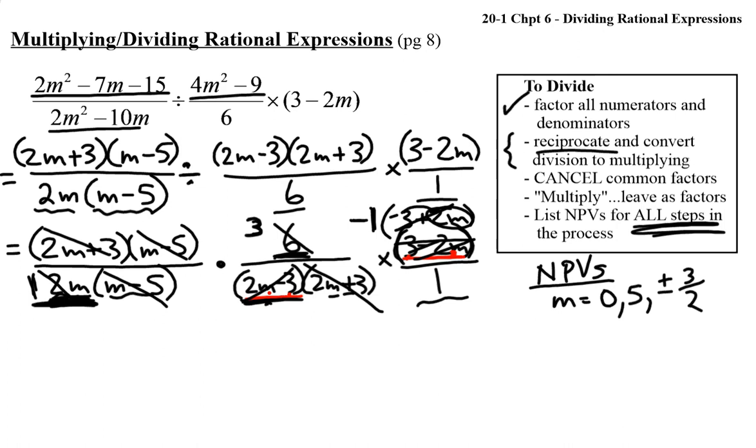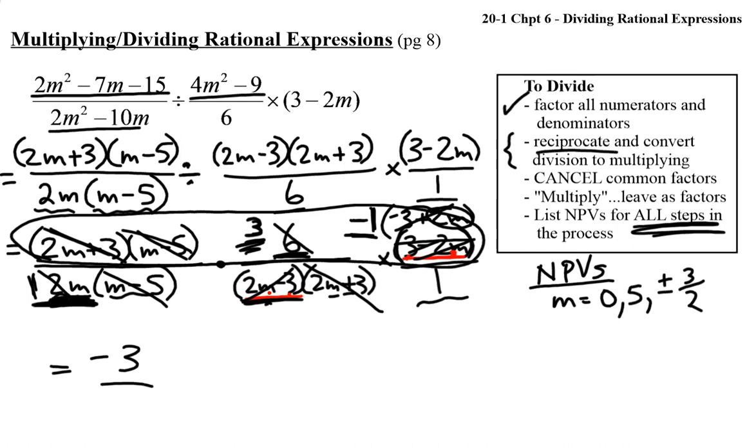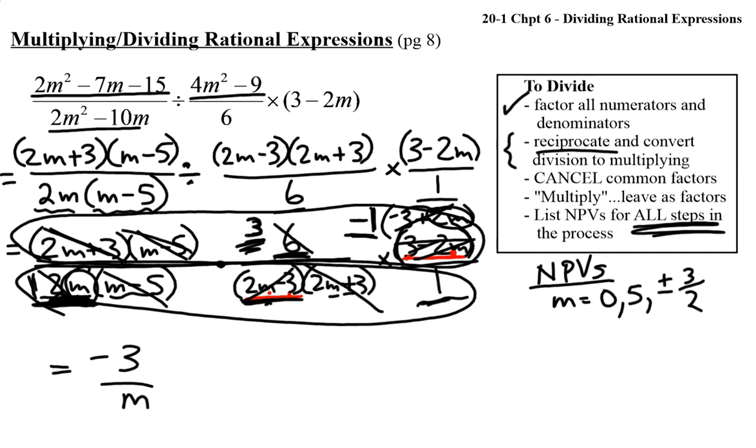At that point, now we look at what we're left with. What do we have in our numerator? Whole bunch of stuff canceled, but we're left with a 3 times negative 1, so we get negative 3. What are we left with in the denominator when we multiply? Well, we still have the m times 1, and m times 1 is m.